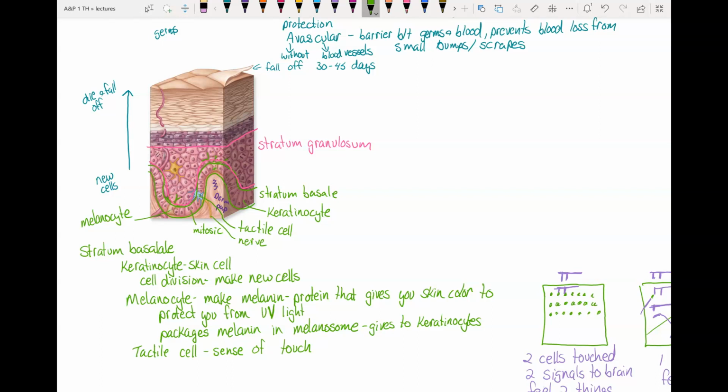So let's talk for just a minute about those waves. It is wavy at the bottom here. That is called epidermal ridges. And these are what interlock with the dermal papillae so that you keep your epidermis and your dermis together. This is also the source of your fingerprints.